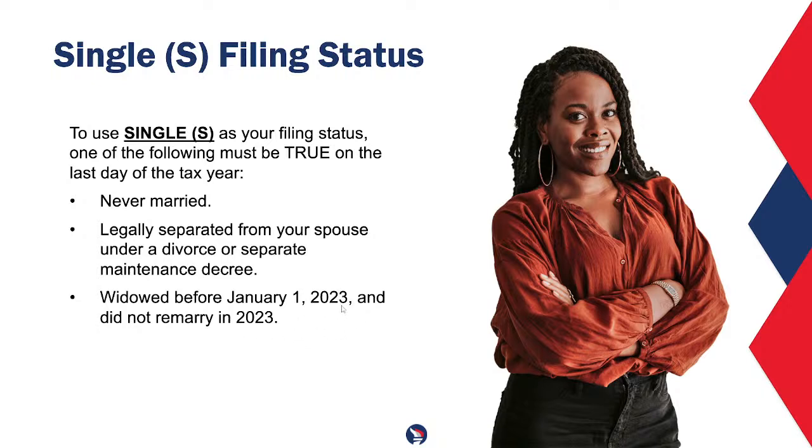So this is the tax year before that we're talking about. If it's the current tax year and you were married, you're still married. If it's anything after that, then you've got to be single. You can't be married anymore, or you can't file with them anymore as a married person.